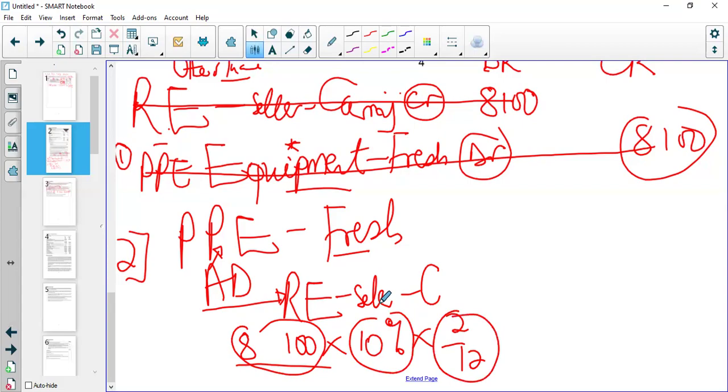It's something that you must be comfortable doing. 8,100, then I multiply by 10%, then multiply by 2 divided by 12. I get 135. Now, this is very important because at third level, you will also have to do adjustments for taxation. You probably have heard of deferred tax. It's going to confuse you if you don't know these journal entries.